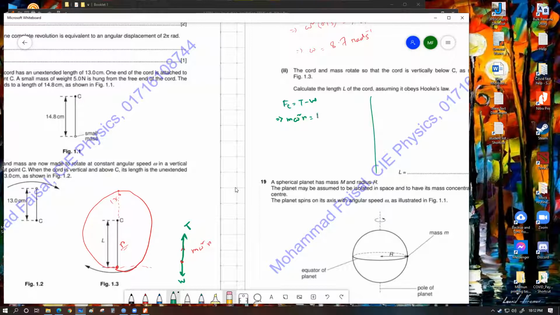So k, whatever that k is, I'm going to write the value of k after a while. একটু খেয়াল করো, k into L, আচ্ছা আমি x ই লিখি আপাতত, kx, this is the Hooke's law, minus mg. এই পর্যন্ত বুঝছো কিনা দেখো। This is for the lowest point.